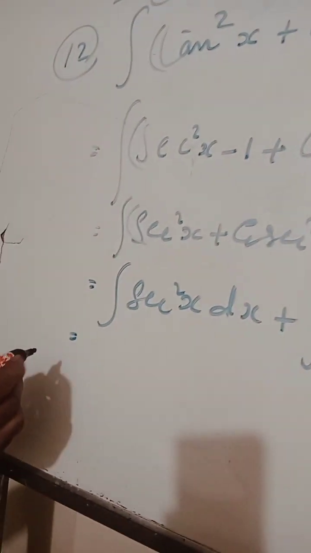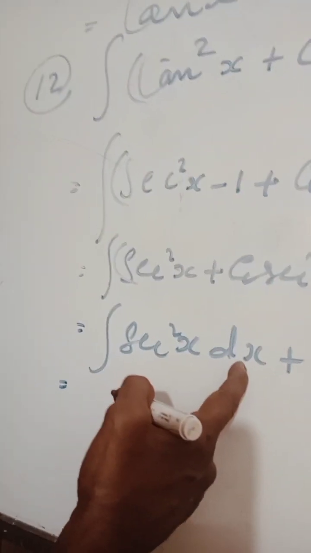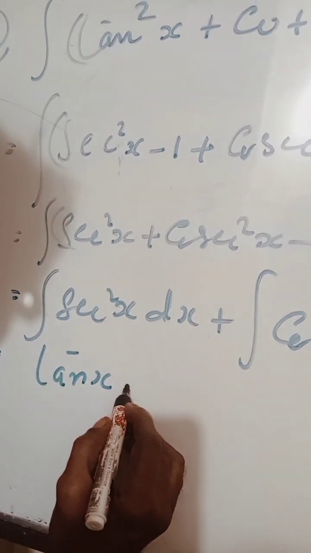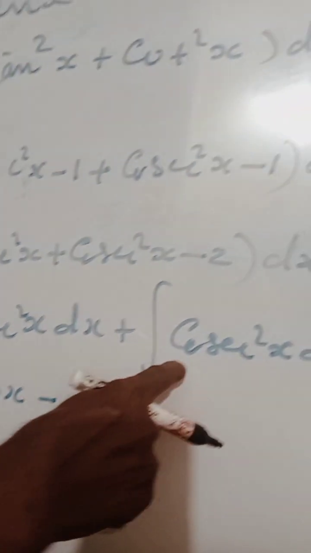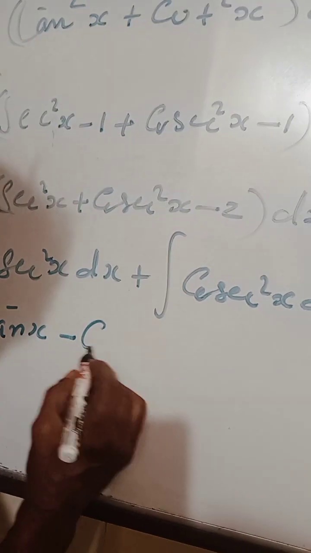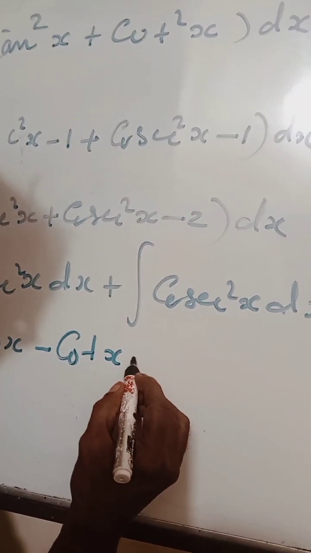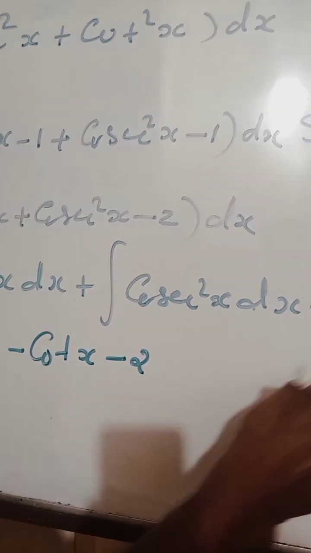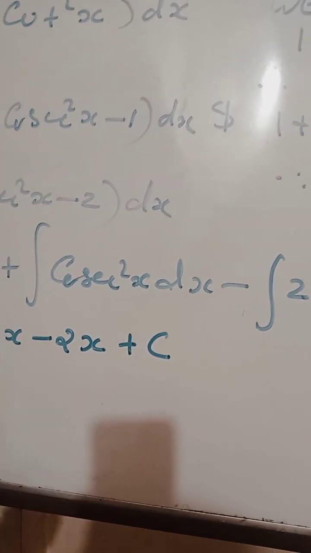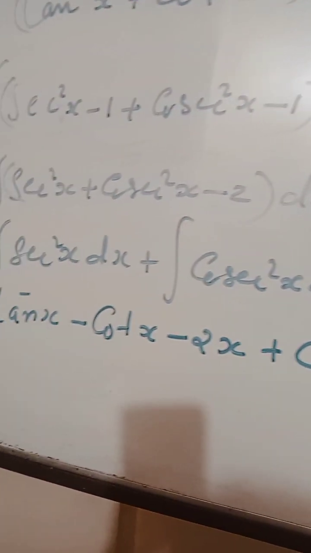This is equal to, we know that integration of sec square x is equal to tan x, and we know that integration of cosec square x dx is equal to minus cot x, minus 2 into integration of dx is equal to x plus c, where c is the constant of integration.